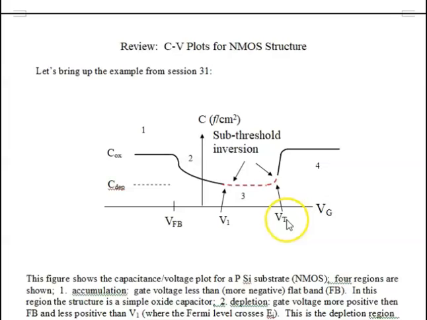Sometimes I'll write it as VTH, but it's the same thing, VT or VTH. That's the threshold voltage. And of course we have the strong inversion. These levels here are both Cox. Almost doesn't look like it, but these should be exactly the same level here.